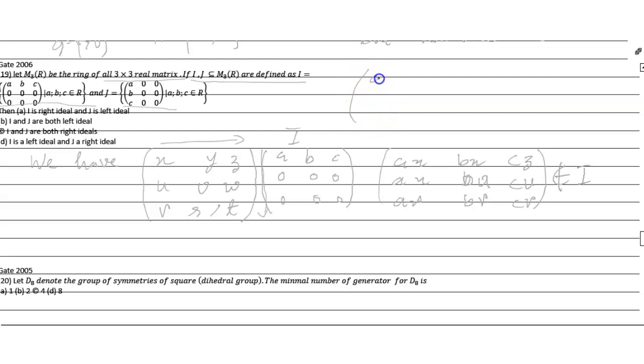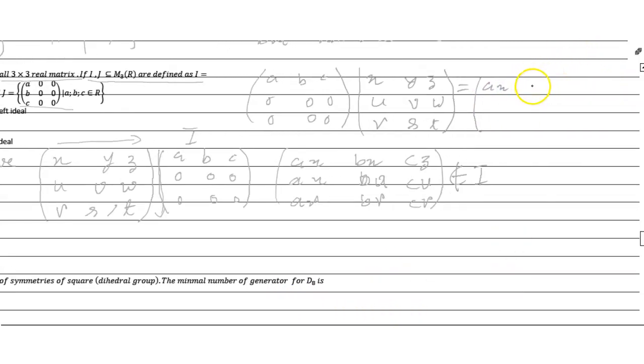Similarly, when we multiply the matrix A, B, C, 0, 0, 0, 0, 0, 0 with X, Y, Z, U, V, W, R, S, T, we see that the value is AX, AY, AZ, 0, 0, 0, 0, 0, 0.